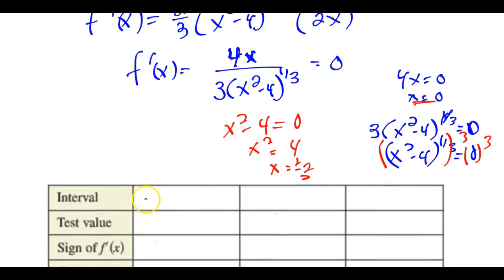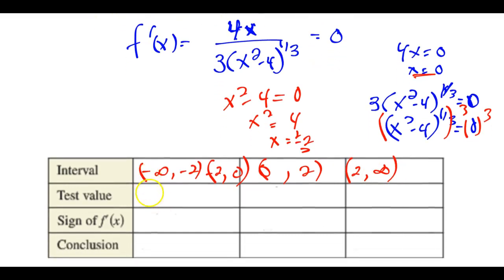Let's list them here. From negative infinity to negative 2, from negative 2 to 0, from 0 to 2, and then 2 to infinity. So I might not have enough space in my chart because it's a generic chart, so you just add a little bit more. So then you're going to run all your tests.